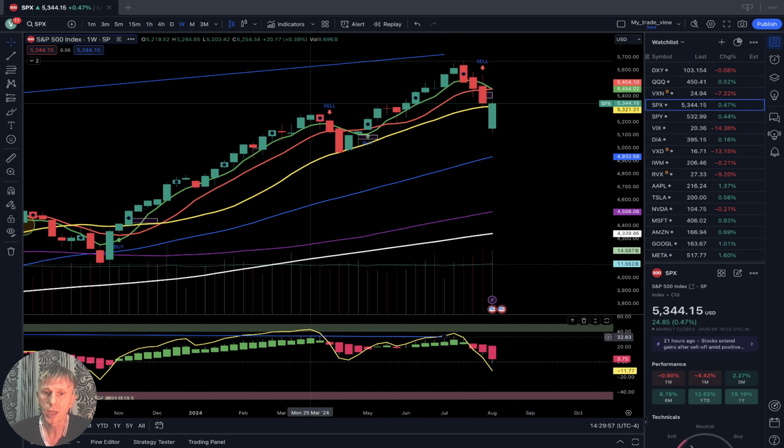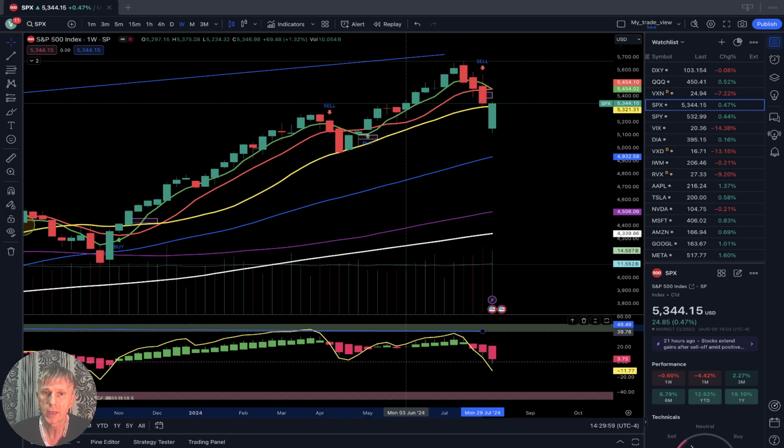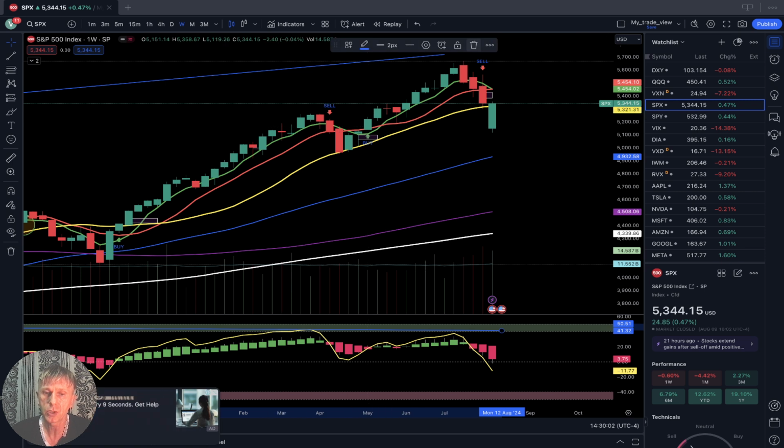Because of the bearish divergence you see on RSI, price action was bullish. RSI has bearish divergence. It is still bearish reversal trend. Sell signal, bearish reversal trend for S&P 500 on weekly.